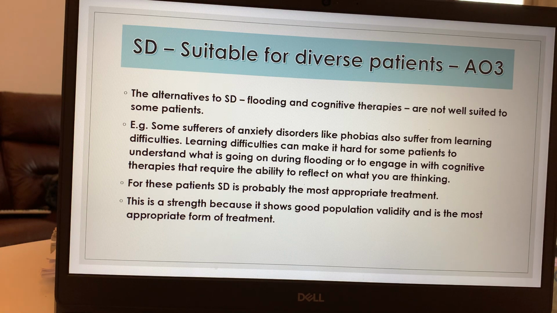Whereas for using SD, it's more appropriate because it's slower. It takes a lot of practice, a lot of imagining scenarios, building up to the end goal. They're not just shoved straight in. So it's good. It shows population validity, which means that we can extend it to a wide variety of people and is the most appropriate form of treatment.